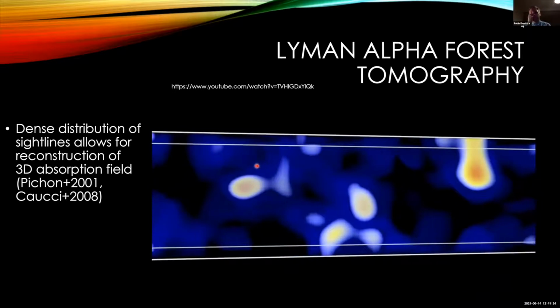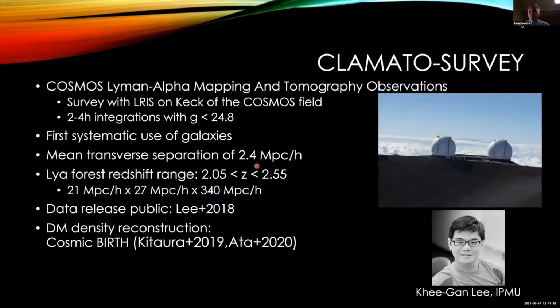One of the first surveys to really use this technique in detail, and in particular to use it with Lyman break galaxies in the background, is the CLAMATO survey led by Khee-Gan Lee here at IPMU. It's a survey with Keck, with the LRIS instrument on Keck, of the COSMOS field.